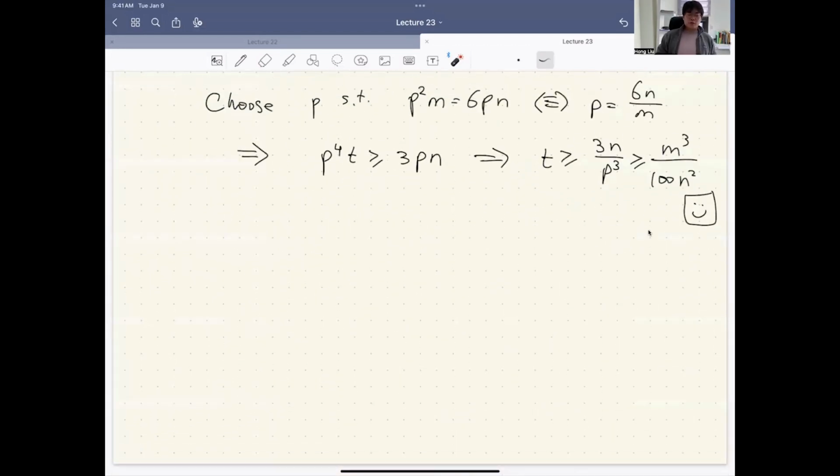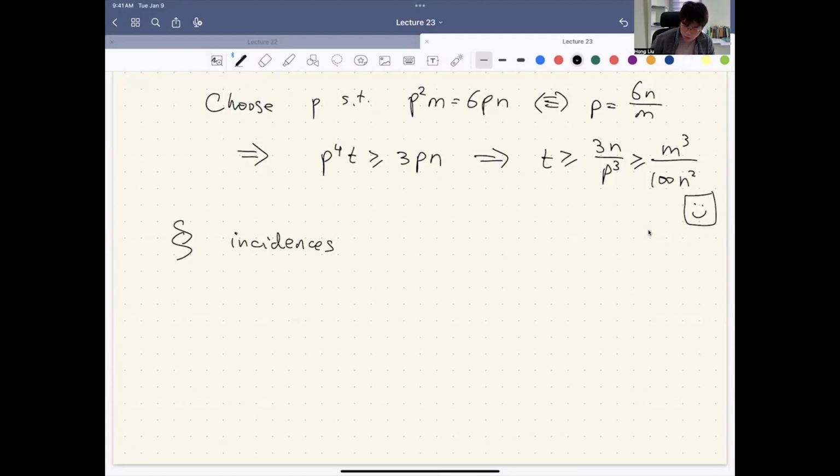The first application is Szemerédi–Trotter. This is about incidences, counting the number of incidences of points and lines in the plane. Suppose we have a set of lines.